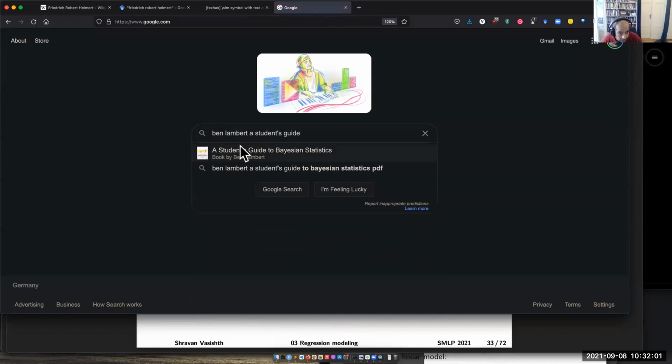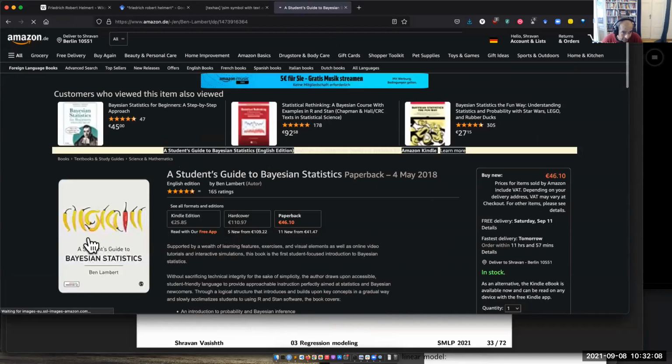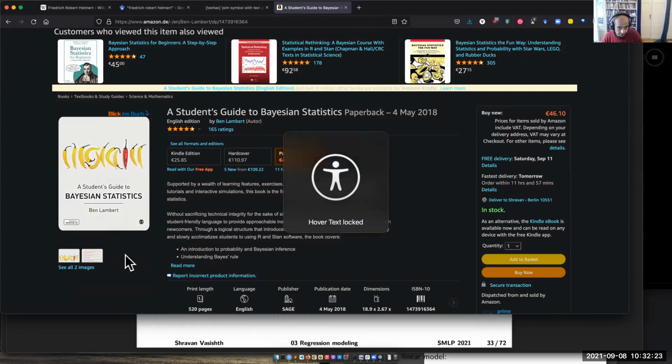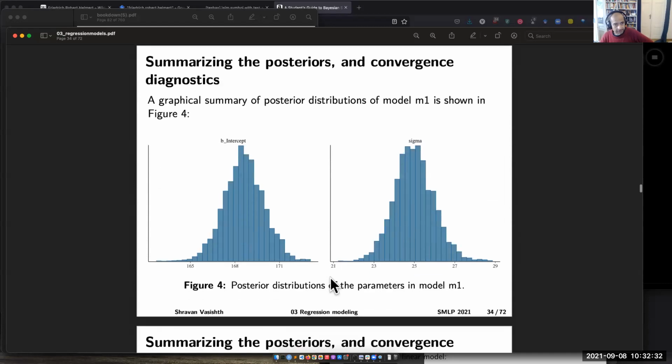Right, so this textbook is quite cheap and I think it's worth reading. The best chapter in this book is on Hamiltonian Monte Carlo. There's a great chapter in this book. So you guys should read that chapter to get a good understanding of how HMC works, okay? So I recommend this book for this purpose. And that's why we don't discuss it too much in this course because Ben Lambert already did a great job in explaining this. All right, so there we go.